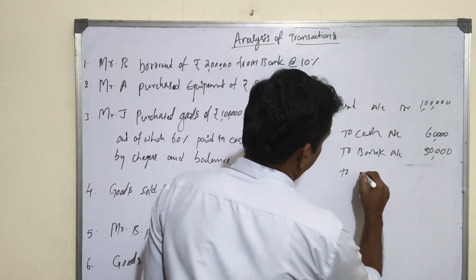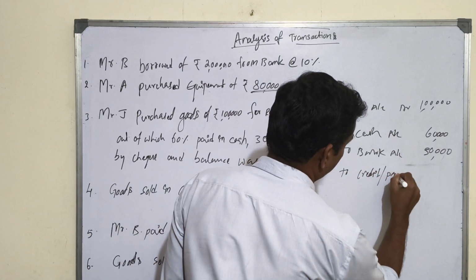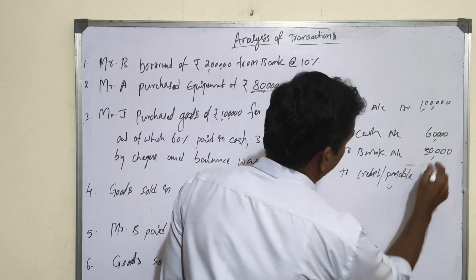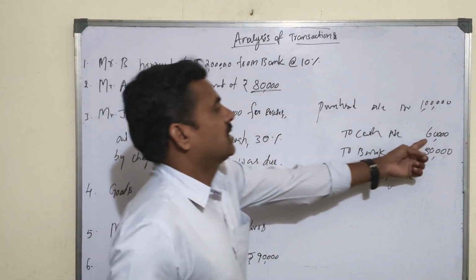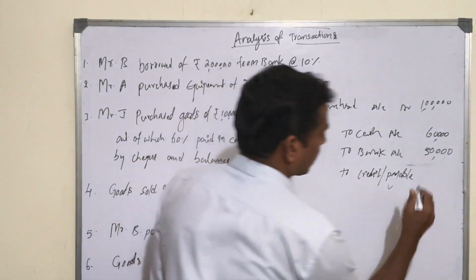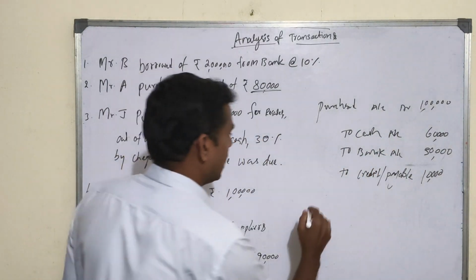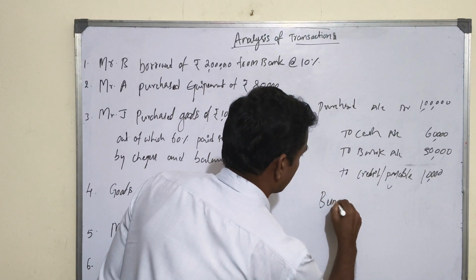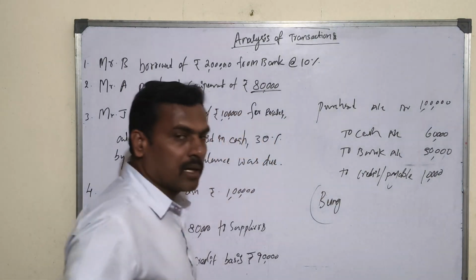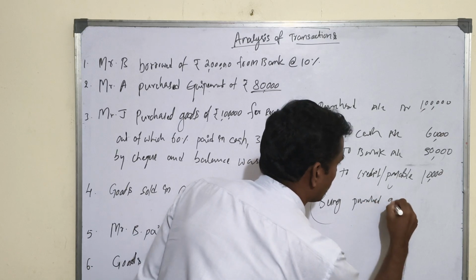To creditors or payable, 10,000 on credit basis. It was due. Being, narration is important to understand the journal entry. Being goods purchased.